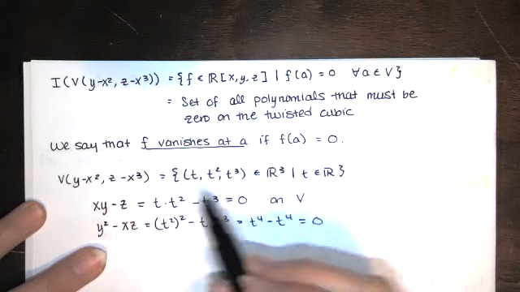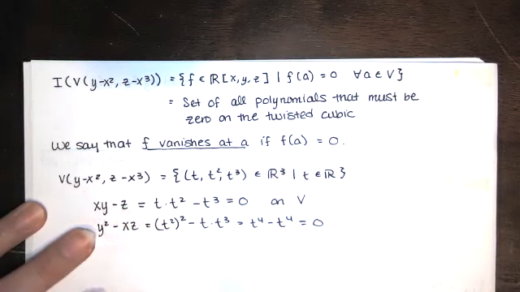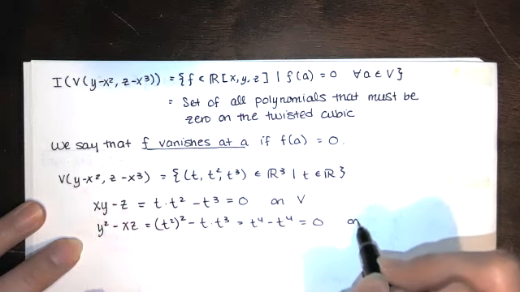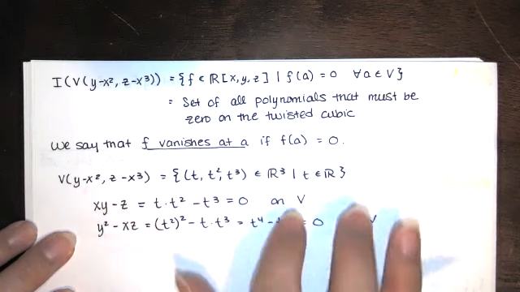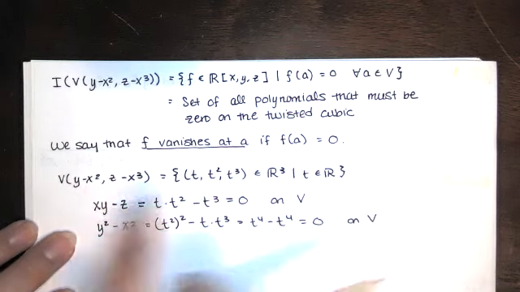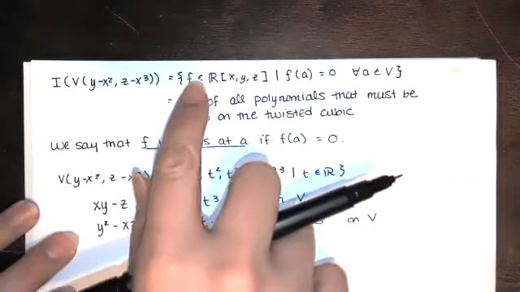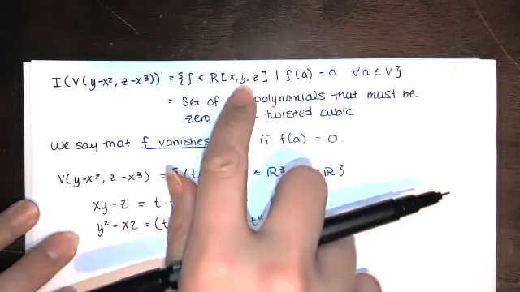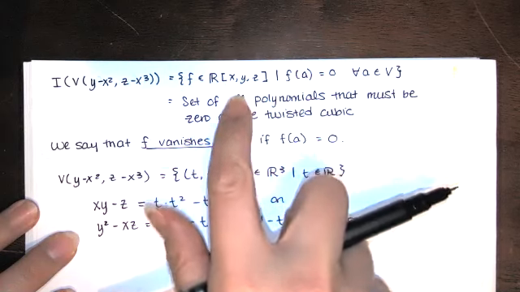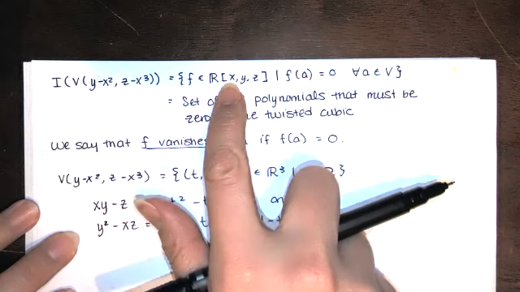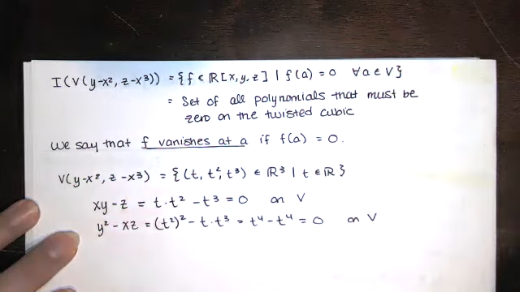That's going to be 0 on V for every point that has this form, so therefore this polynomial is 0 on V. And since these polynomials are both equal to 0 for all points in this affine variety V, they are functions in this set. They're polynomials in this polynomial ring with coefficients in the reals, in the variables x, y, and z, that are equal to 0 for all points on the affine variety.